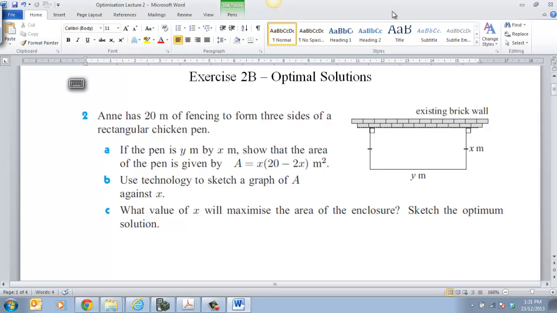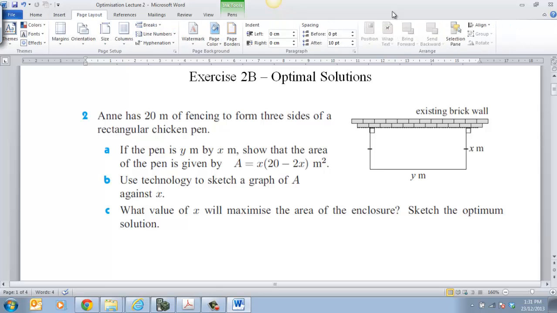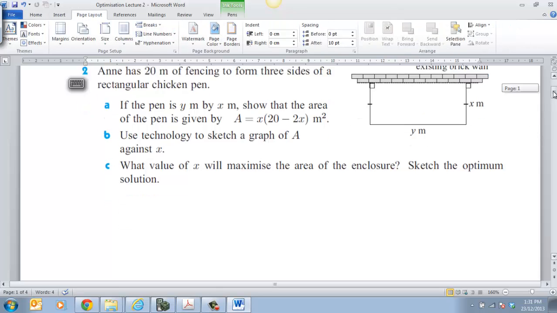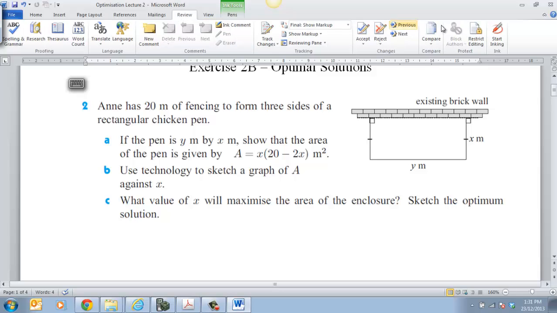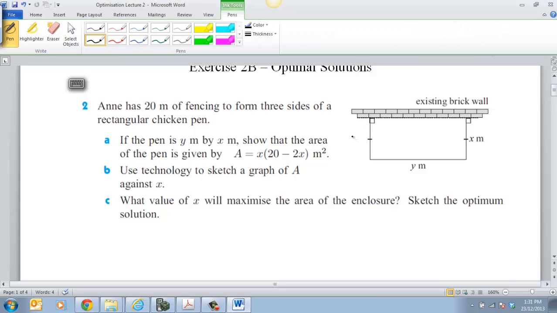So to do that, what we'll need to do in part A is we'll need to find that connection between x and y. Now we know that the perimeter of this thing over here is equal to what? Well, we know this side over here is x as well. So the perimeter of the shape, which is equal to 20, is actually equal to 2 lots of x plus y.